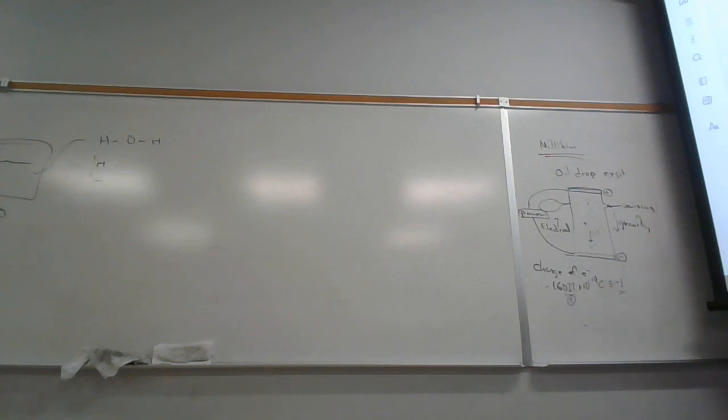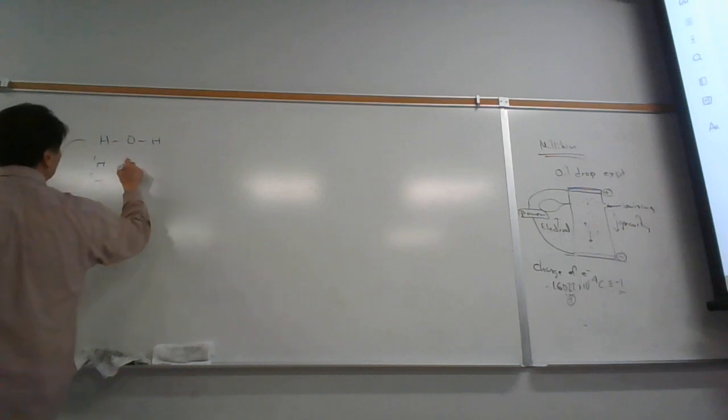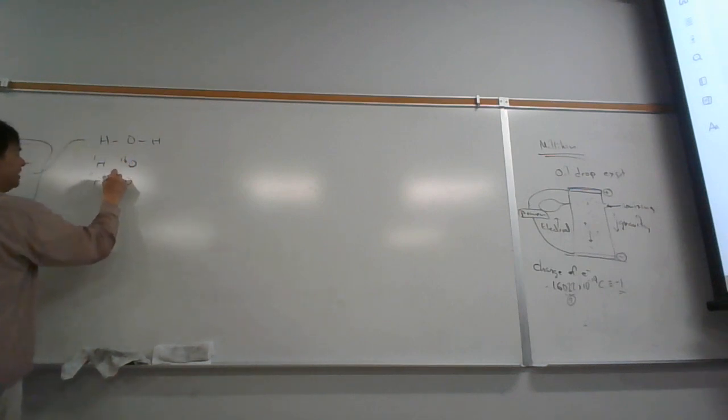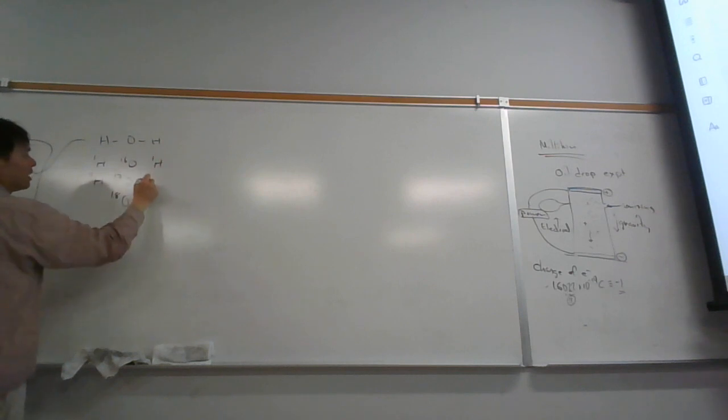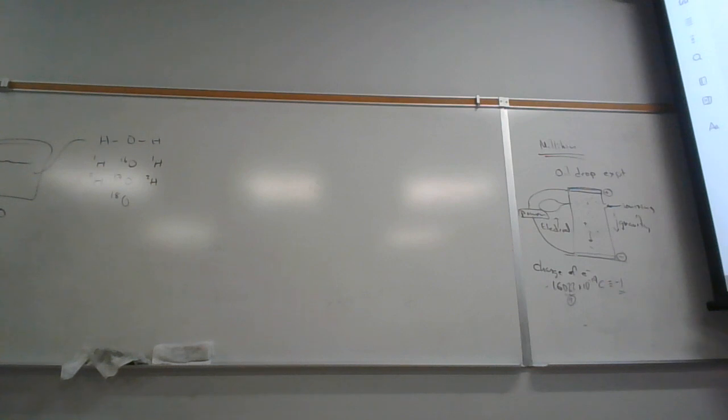We have O16, O17, and O18. And this hydrogen can either be a hydrogen 1 or hydrogen 2. And so these are the pieces that make up water, because, based on experiment, these are the isotopes that are found for these particular elements.